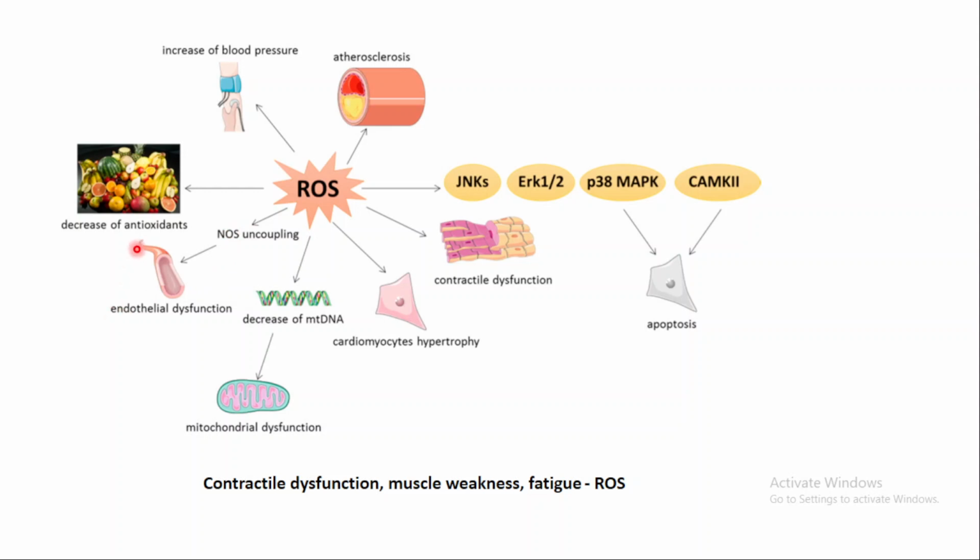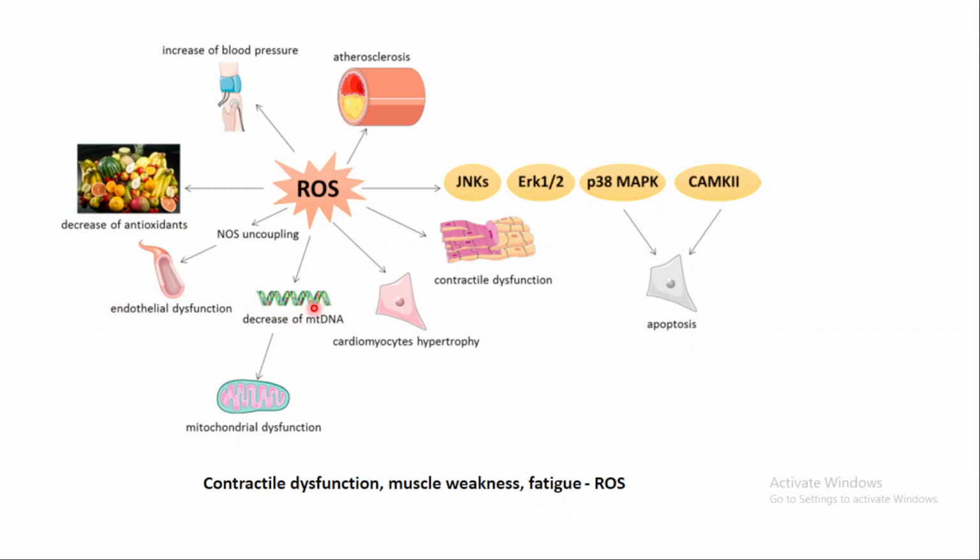The endothelium is the single cell lining of the arteries, veins, capillaries, and the stomach lining. Due to nitric oxide synthase coupling with ROS, there is endothelial dysfunction. The artery walls and the capillary walls will be thinning.